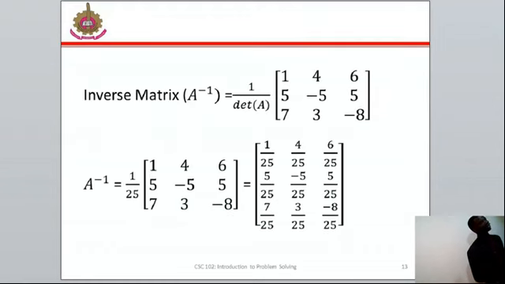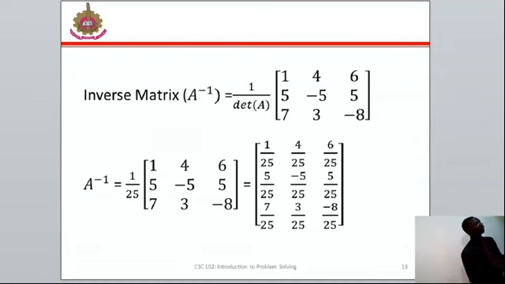Now, do not forget that we said earlier that if you want to obtain your inverse matrix, you use the formula, as you can see on the slide, that's your matrix A. Remember that we obtained our determinant for matrix A the other time to be 25.